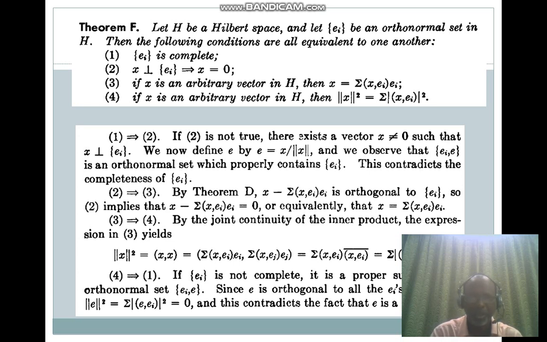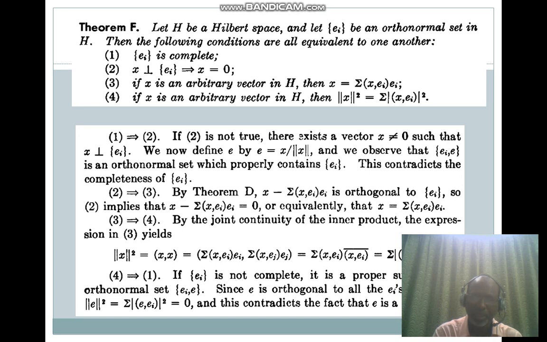Assume if x is an arbitrary vector in H, then norm of x squared takes up that value. We have to prove that {e_i} is complete. Suppose {e_i} is not complete. Then it is a proper subset of an orthonormal set {e_i, e}. Since e is orthogonal to all the e_i, the fourth equation yields norm of e squared, instead of x I am writing e, equal to 0.